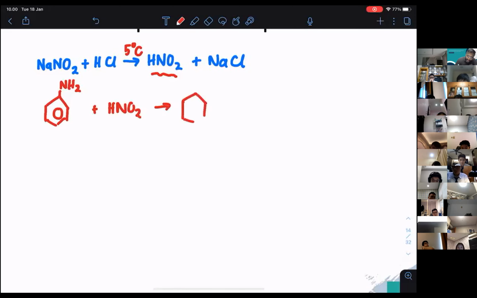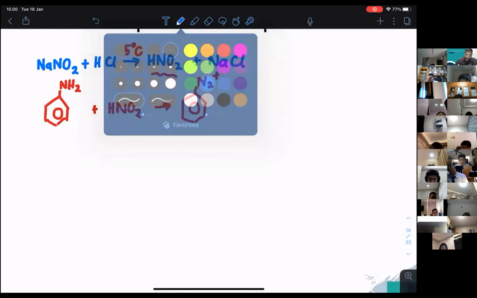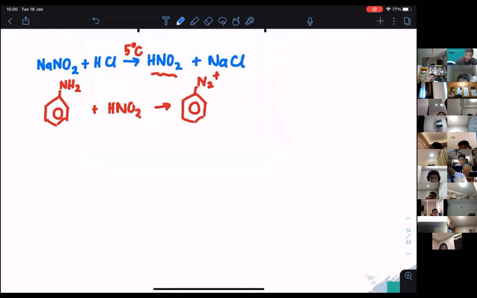This is going to give you the N2 plus, and then you will have this, and don't forget about the HCl. I already forgot about it over here. Plus HCl, I am going to get the Cl minus over here.